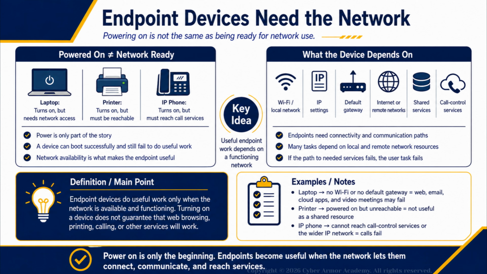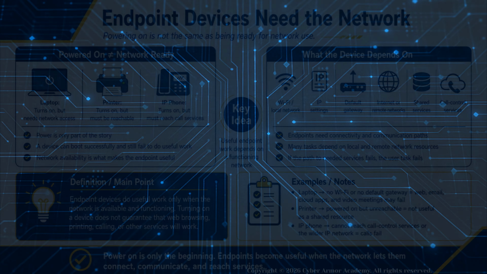A phone can look connected, but if it cannot reach call control services or the wider IP network, the call will not work. So, the real idea is this: endpoint devices do useful work only when the network is available and functioning.